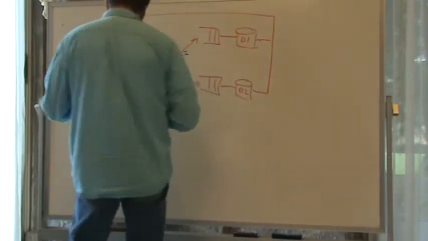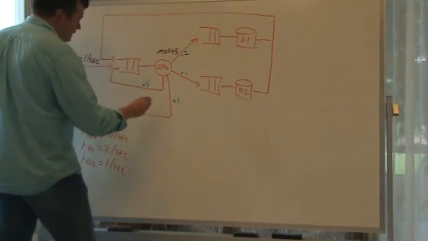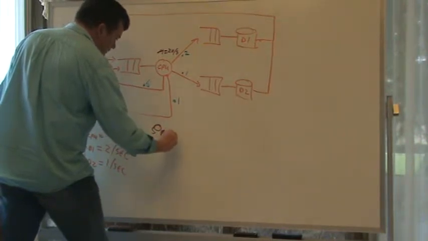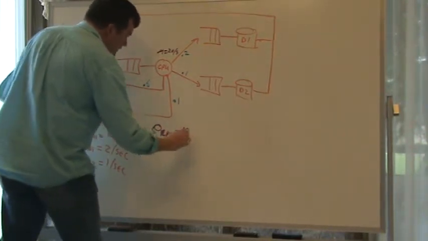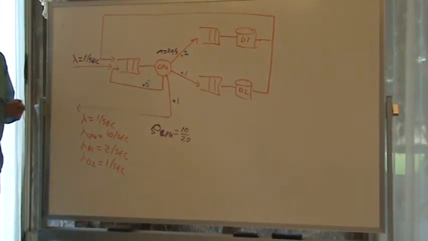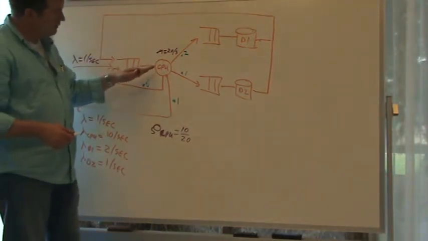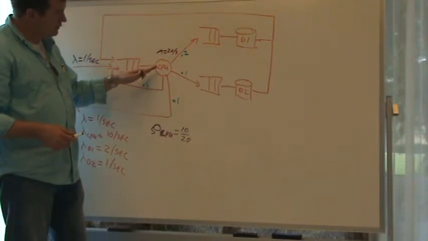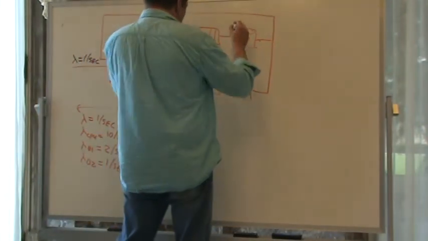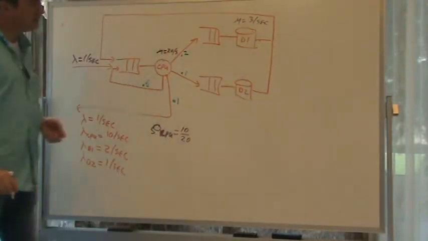So we can already calculate the rho of the CPU. That is 10 over 20. CPU is in use with this rate coming in 50% of the time, right? So if we said the rate over here is, what did we say this was, 2 per second? Let's make the mu 3 per second. Okay?